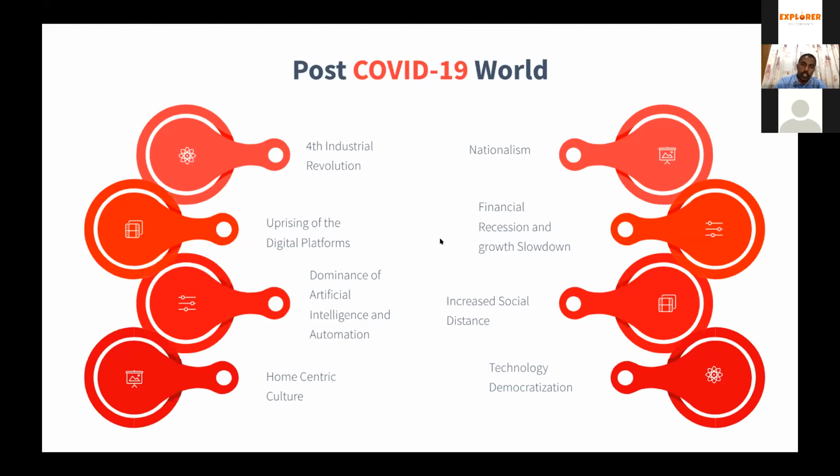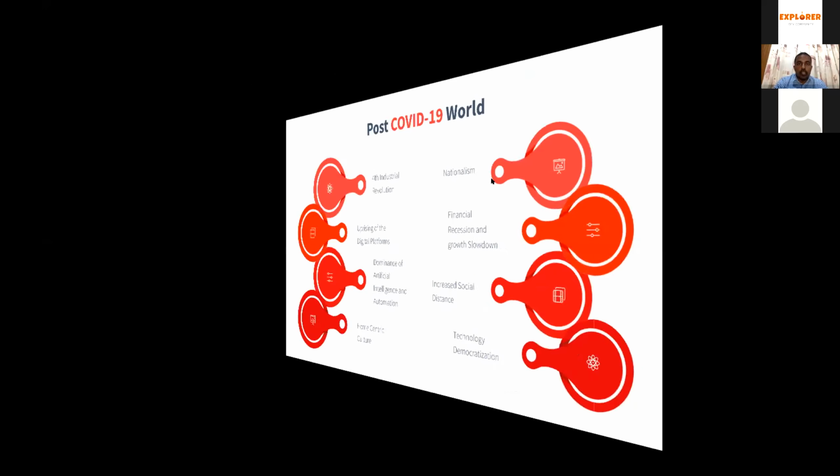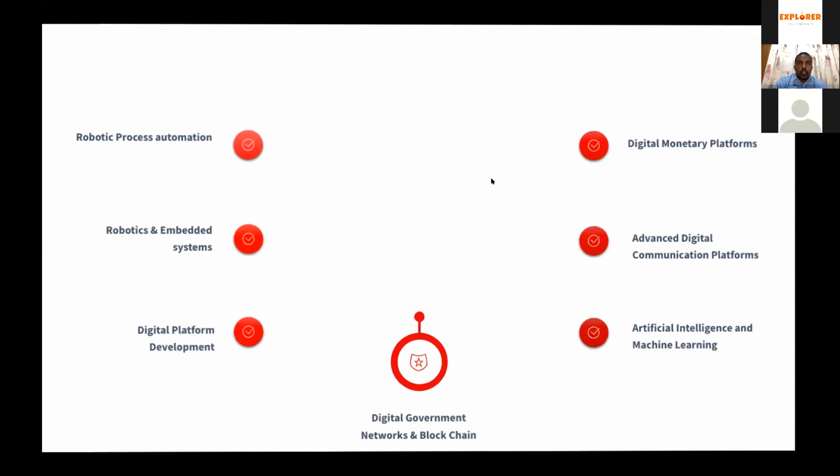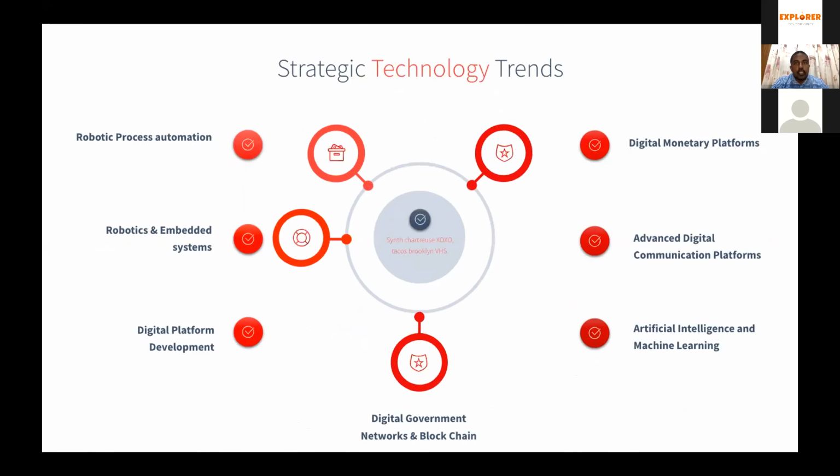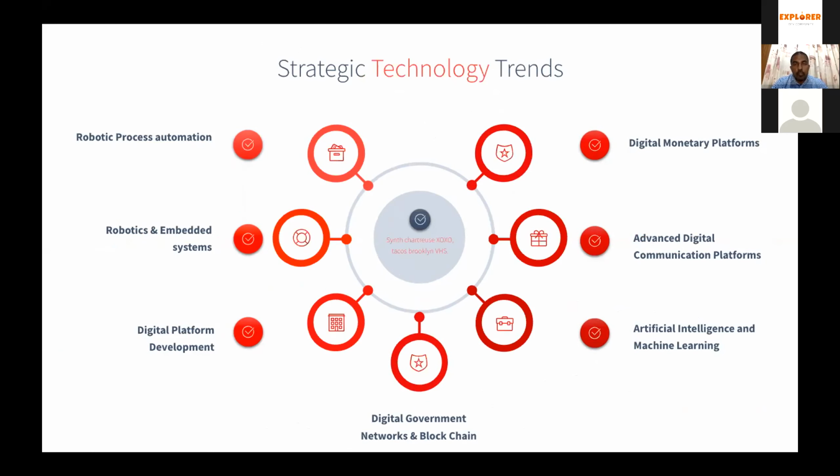And also I think technology democratization will happen. I will explain that a little bit further in the next slides, because I'm trying to cover the strategic technology trends that we can see in the future. So I'm covering it at a high level here. Probably in our questions, we can go into the deeper technical things.